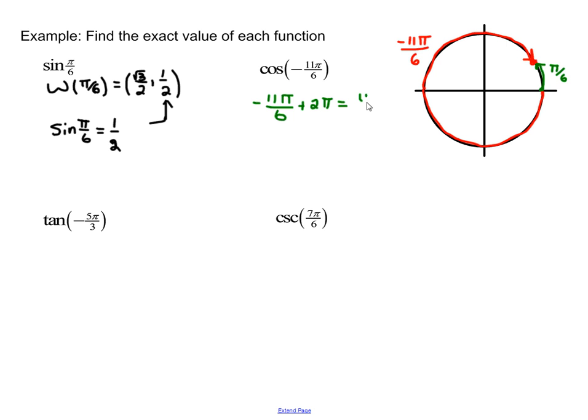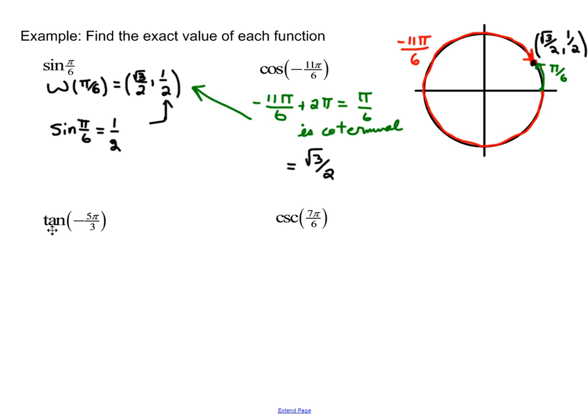That's positive pi over 6. And this would be coterminal. And so in effect, we've just repeated ourselves from the previous problem right here. And if we say cosine of negative 11 pi over 6, our answer right here should be positive radical 3 over 2, because we're taking the coordinate point that's formed right here associated with that pi over 6 arc length.